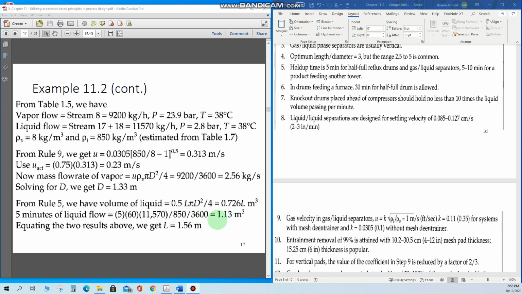Now the volume we get here is 1.13 meter cube, and then we can compare this volume with this one to get the value for the L. So equating the two results above, we get L equal to 1.56. You can multiply the L with 1.56 to get 1.13. So you can simultaneously solve these two equations to get the value for the L.